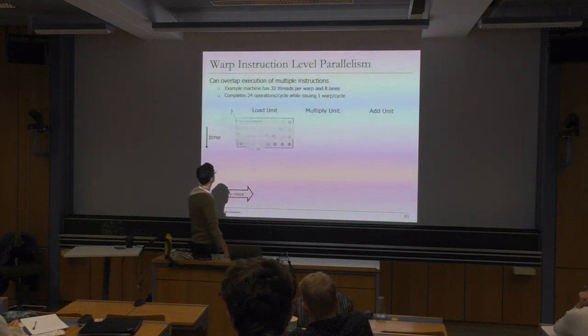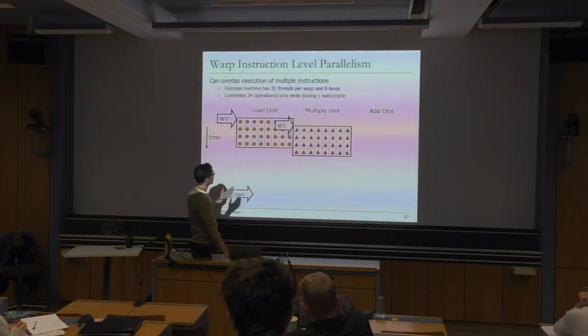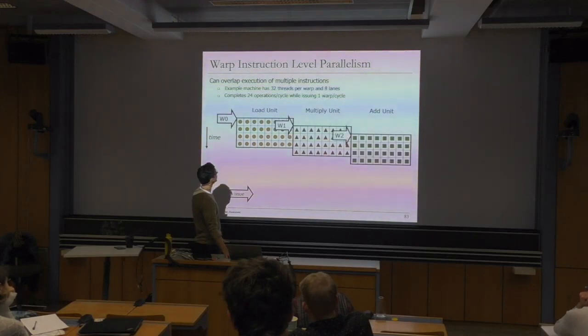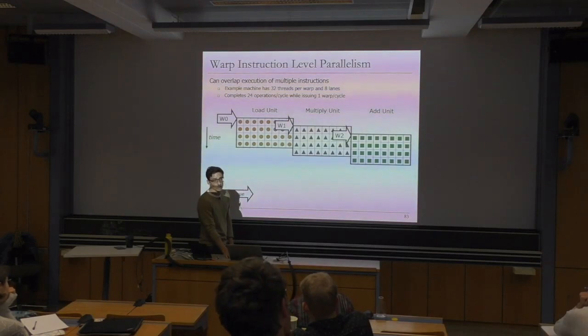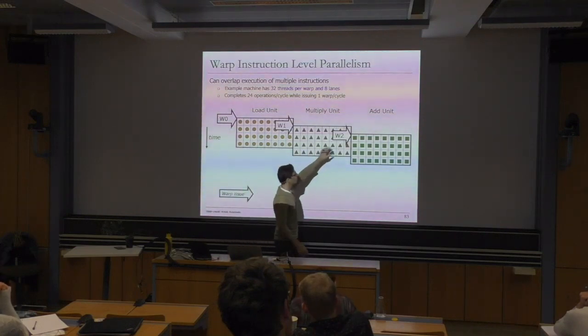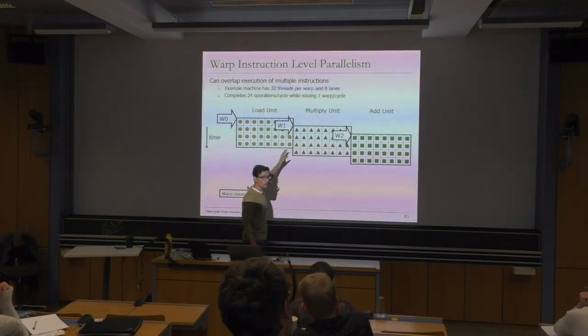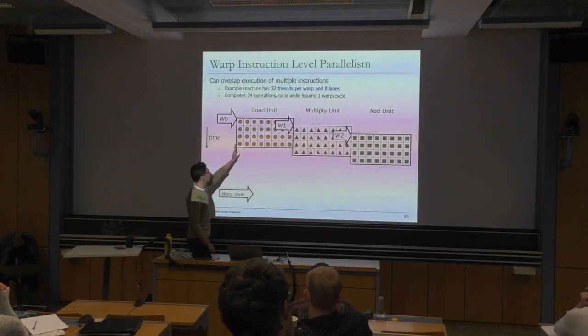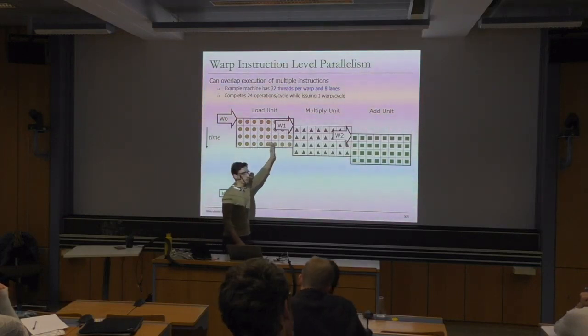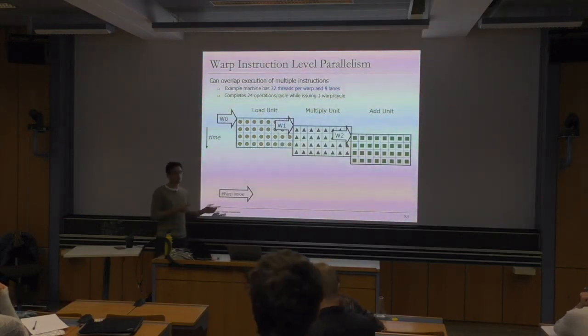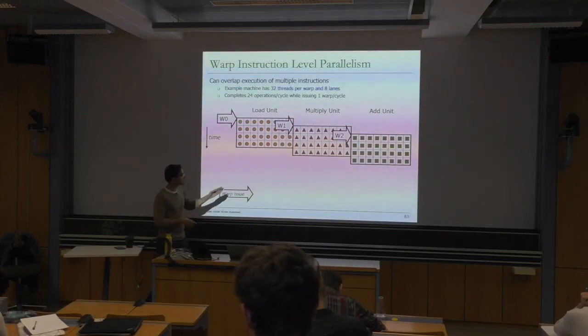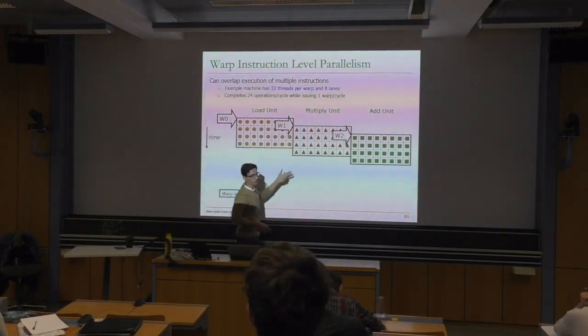And you also recall this slide, right? We were talking about vector instructions. We don't talk about vector instructions now. We talk about warps. And now our warps are composed of 32 threads, and we want to execute, for example, a load or a multiply or an addition for these 32 threads, but we only have 8 lanes. So the way we schedule the 32 threads of the warp into the 8 lanes is by doing it in 4 cycles.